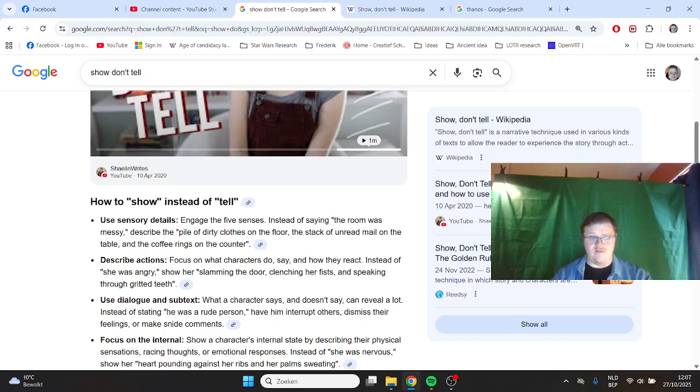And one of those other things, like I just explained, is to use sensory details. For instance, describing what is happening. And in a writing format, you need to actually say what that is. For instance, the overview is saying how to describe a pile of dirty clothes on the floor.